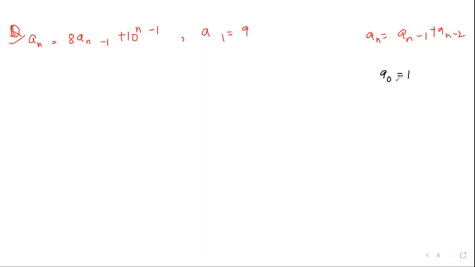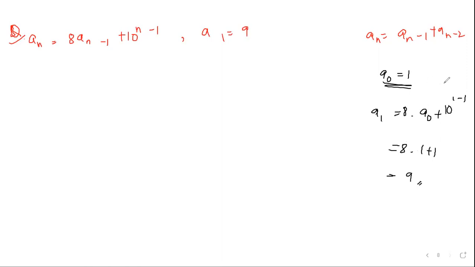If I take a_0 as 1, then what will be a_1? 8 into a_0 plus 10^(n-1). So I am finding a_1, so I will have 10^(1-1), 8 into 1 plus 1, which will be 9. I'm just trying to make it easier. So a_0 is equal to 1.